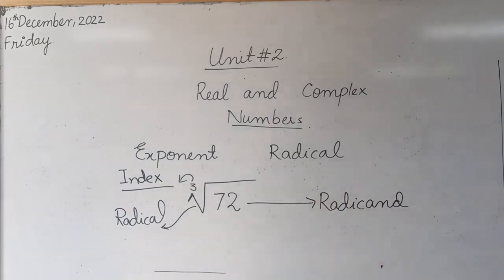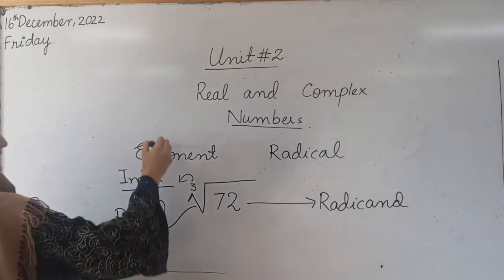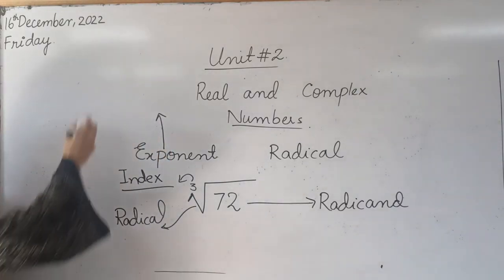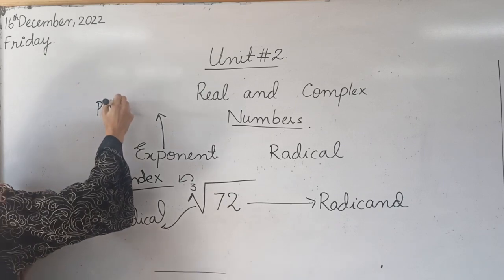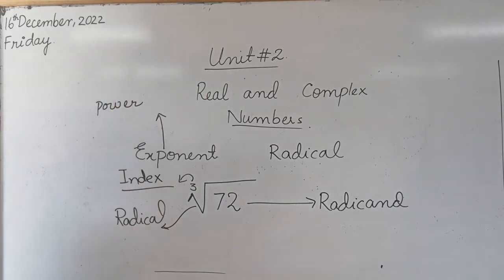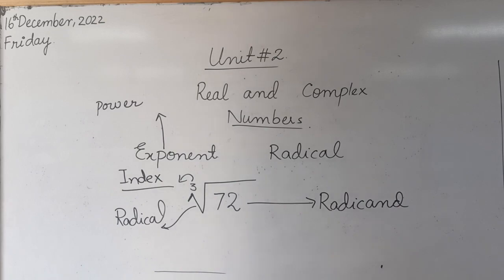Okay, so these are the parts of a radical form. Now we'll discuss how to convert this radical form into exponential form. What is meant by exponent? Exponent means power of a number, power of any number, variable, etc.